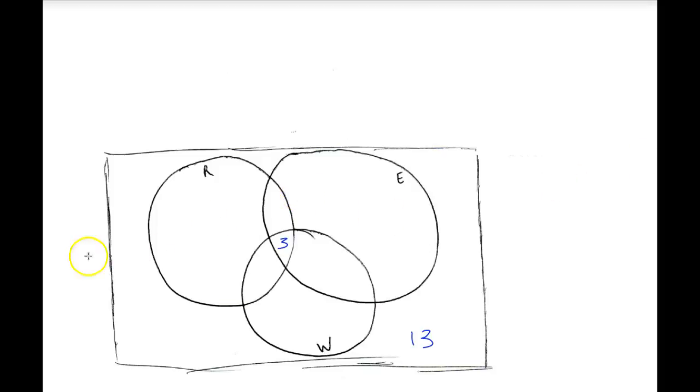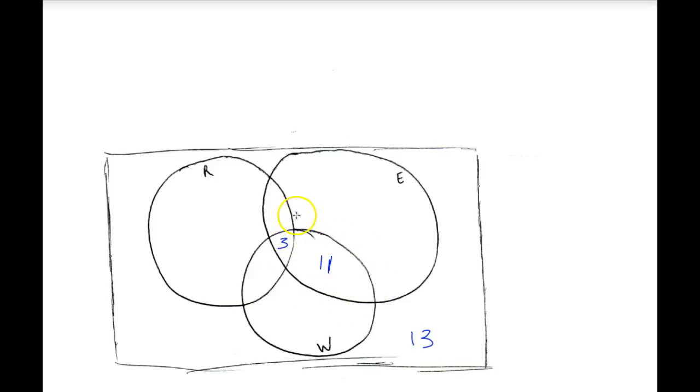We have the cardinality of the set E intersection W, which is all this here, and we know that a total of 14 people fit within that. We already have 3 people in there. So if we take 14 and subtract 3 from it, we get 11. And so 11 will be the number of people in this portion right here.